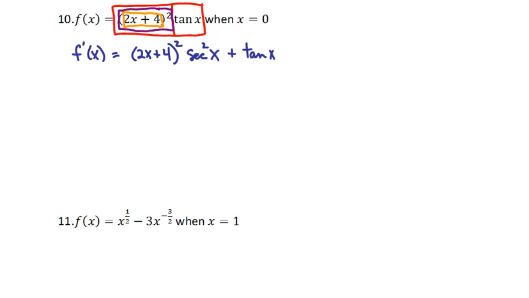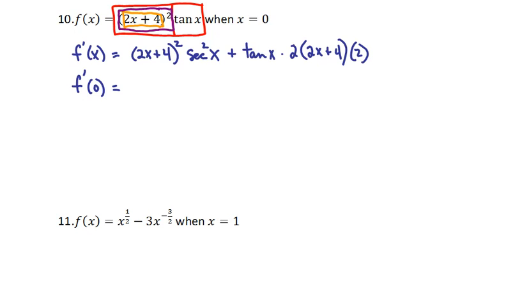So it's bring down the 2 times 2x plus 4 times 2, because 2 is the derivative of the inside function, 2x plus 4. And I could simplify that out, or I could just start plugging in x equals 0 and see what I get. So for the first term, 2 times 0 is 0, plus 4 is 4. 4 squared is 16.